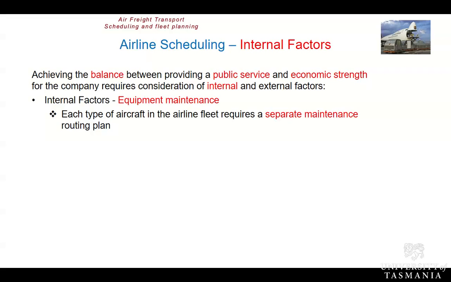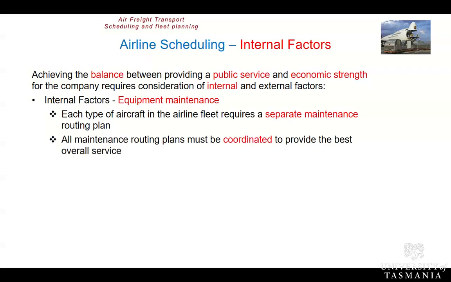So your air scheduler needs to be right across the block hours that the aircraft is doing to ensure that it comes out of the fleet at the right time, goes into the maintenance areas to maximise the utilisation of the aircraft itself. So they all have their separate maintenance routing plan. And obviously it's a fair bit of coordination to ensure that this is done to the best overall service.